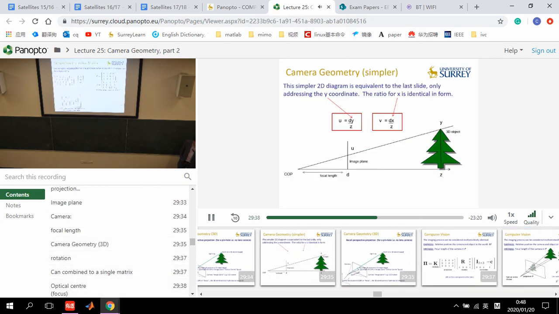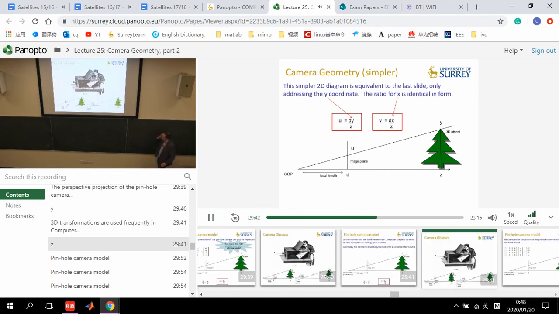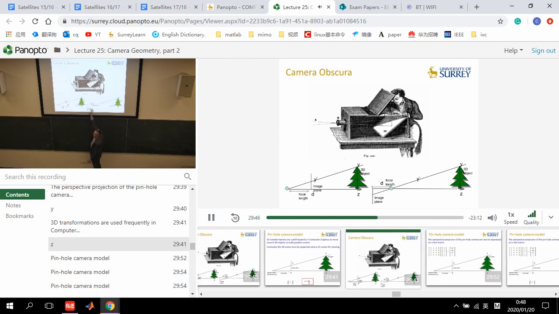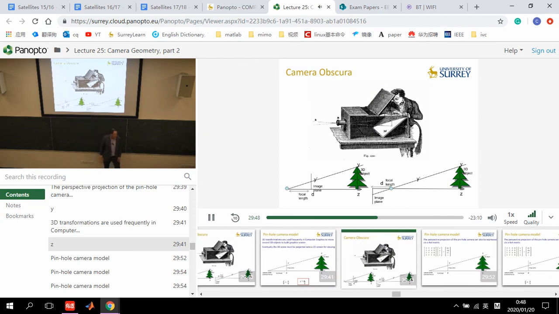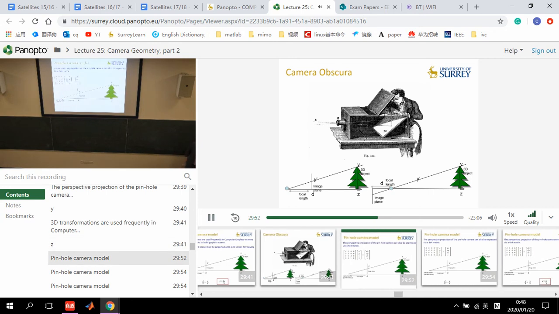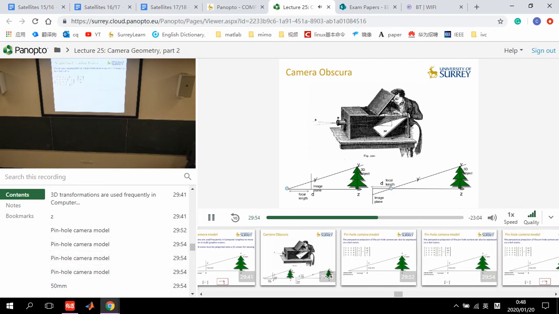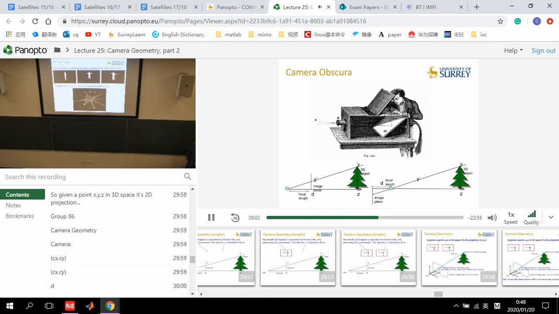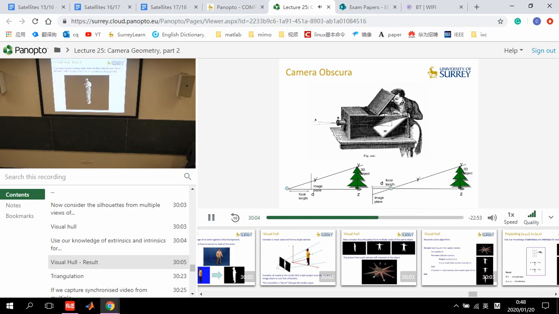Cameras don't really look like this these days. Instead of a pinhole, they have a lens in them, and that lens means that this ratio is slightly non-linear. But if you buy a camera with an expensive enough lens, then you can well approximate it with these equations, and this is what we do.